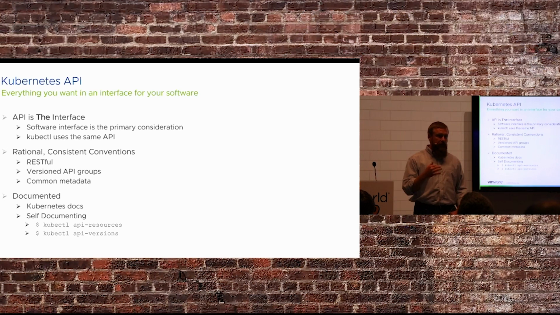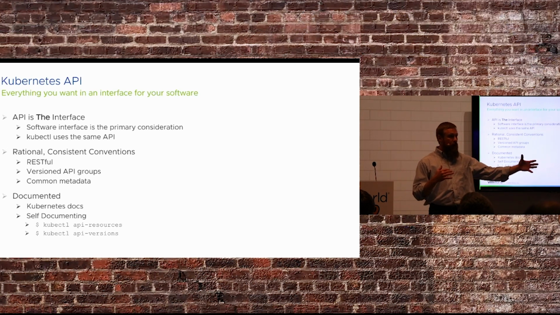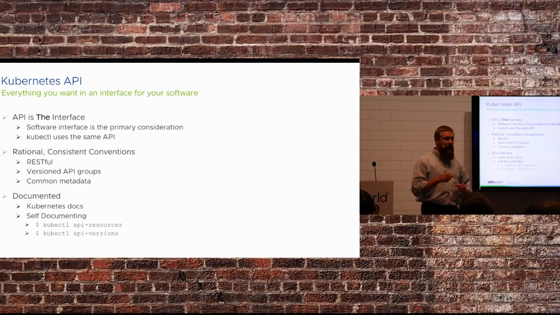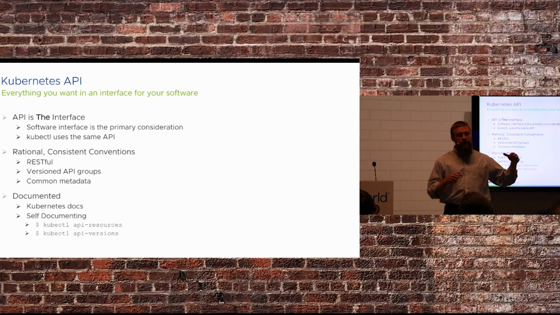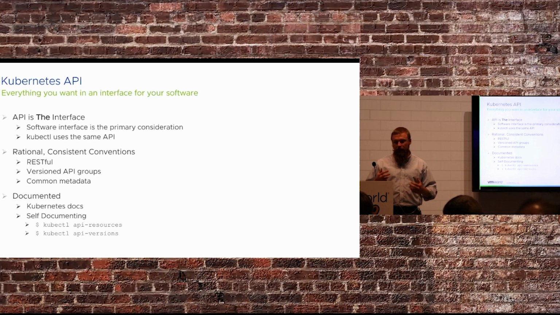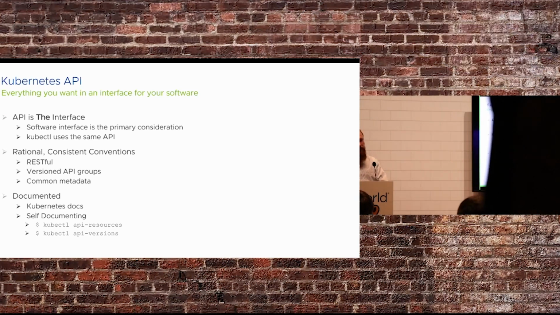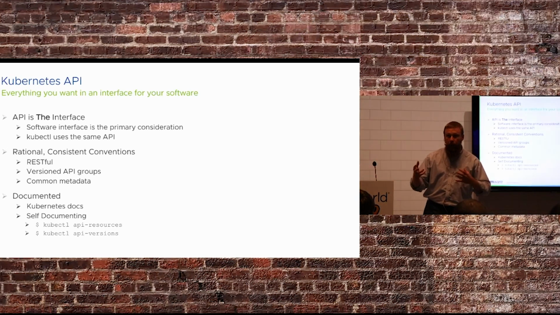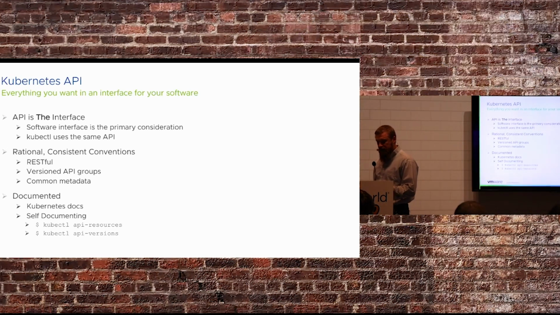For anyone that has developed software that uses some other API, and that API has made a change which in turn breaks your software, you'll greatly appreciate the value of versioned APIs to maintain backward compatibility, make sure everything keeps working in an ecosystem of integrated software. All the resources in Kubernetes use a common set of metadata, so it's intuitive to understand what you're dealing with as you're developing applications. And it's also, now I can say, well documented.